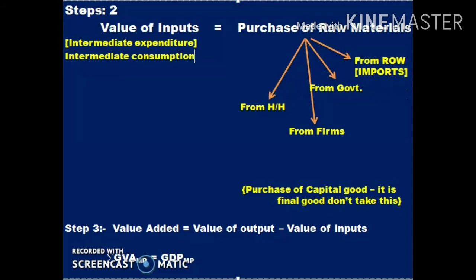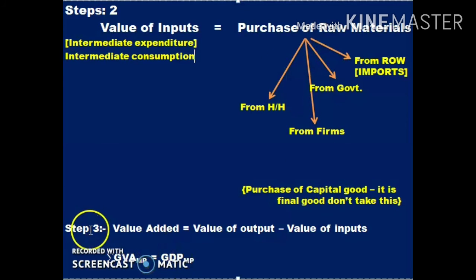So it is termed as imports. You should not take into consideration if the question says purchase of capital goods or machines. Such terms are final goods, so don't take this. It's not taken into account for this calculation in this method.